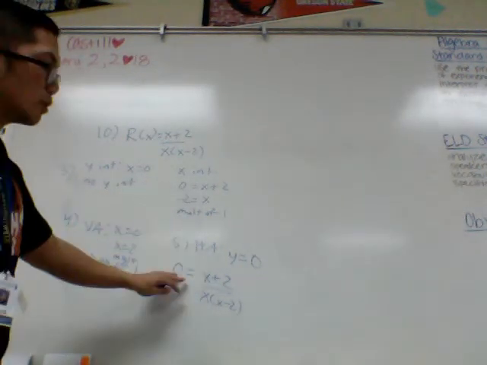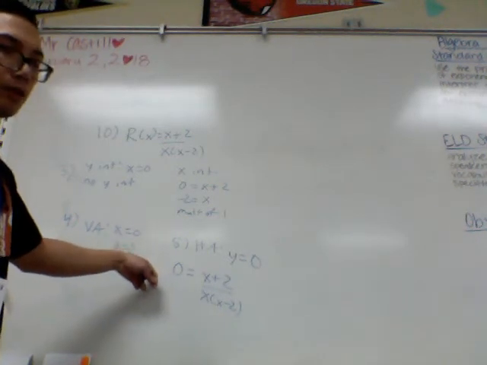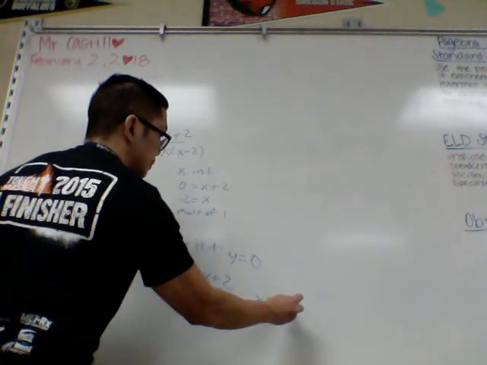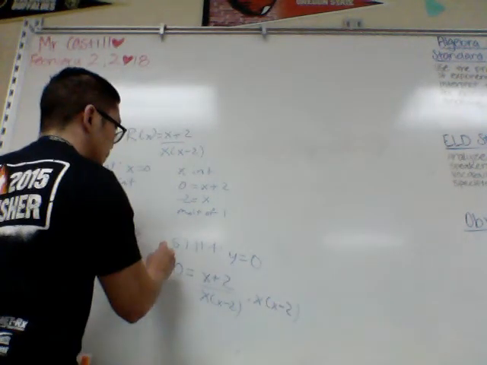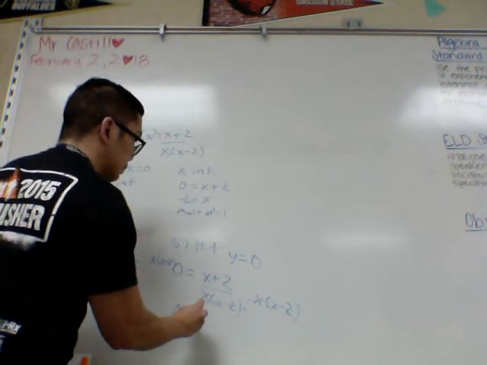But we have to do this step because some other times your horizontal asymptote will not be 0. So if I multiply both sides by x minus 2, I get 0 is equal to x plus 2.